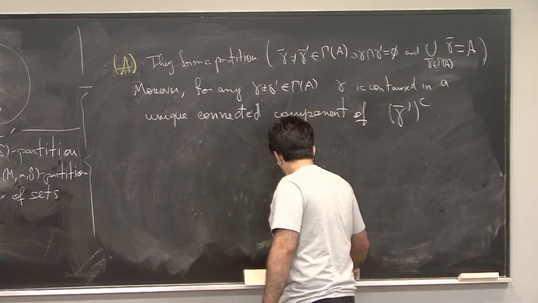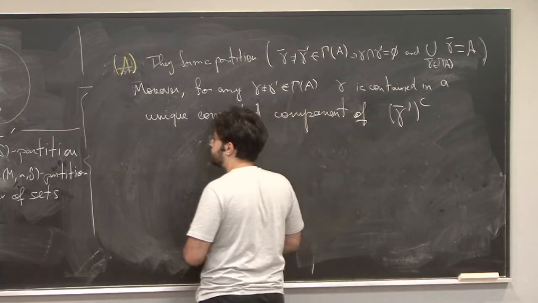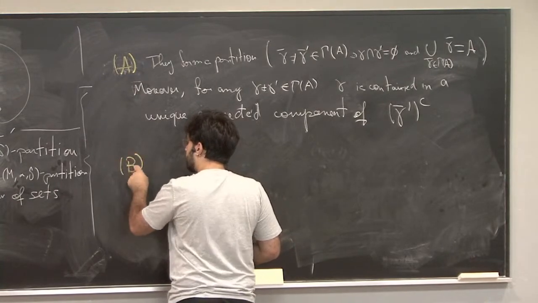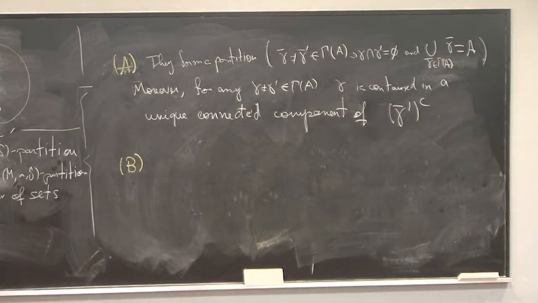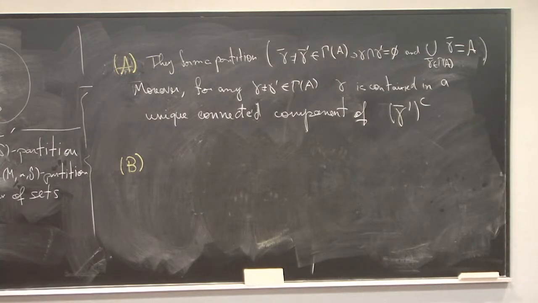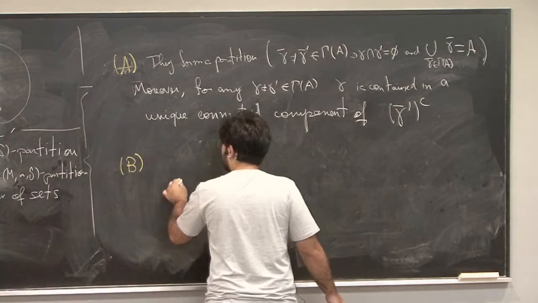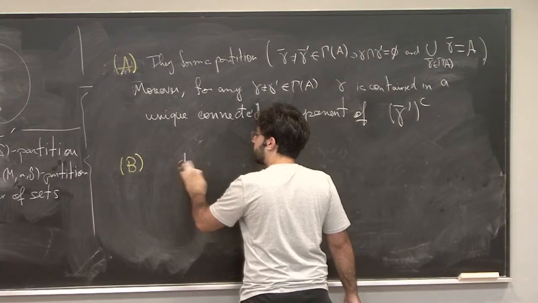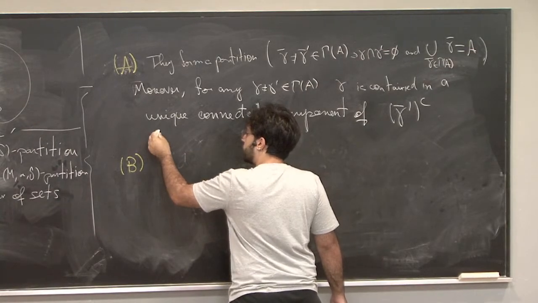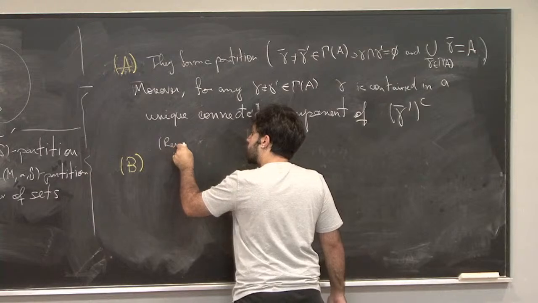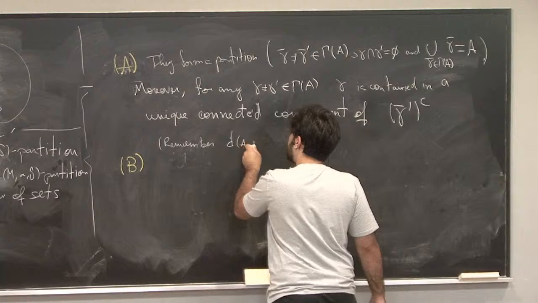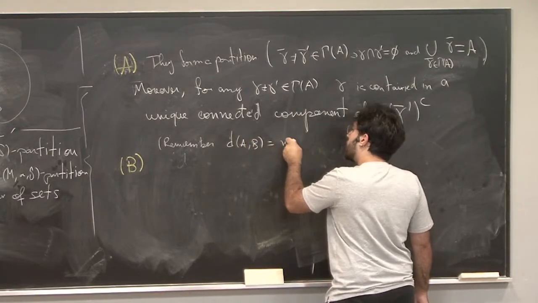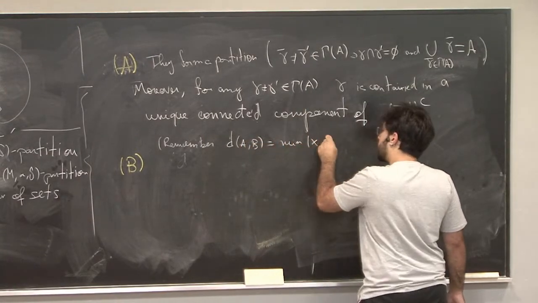And condition B is the following. Just for you to remember, the distance between two sets is the minimum of the norm of x minus y.